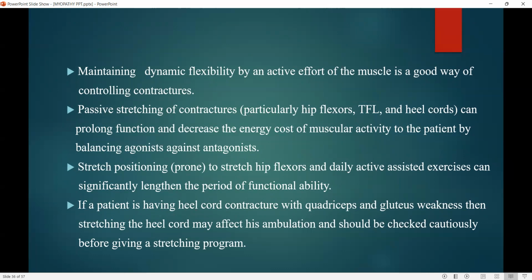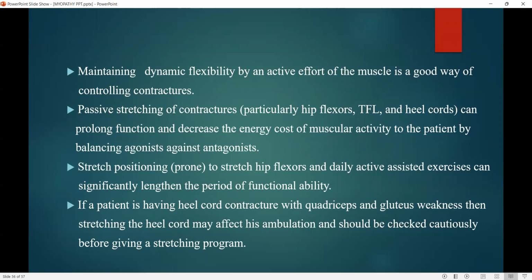Passive stretching of the contracture, particularly hip flexor, TFL and the heel cords, can prolong function and decrease the energy cost of the muscular activity to the patient by balancing agonist and antagonist. Stretch positioning: prone to stretch hip flexors. Daily active assisted exercise can significantly lengthen the period of functional ability.